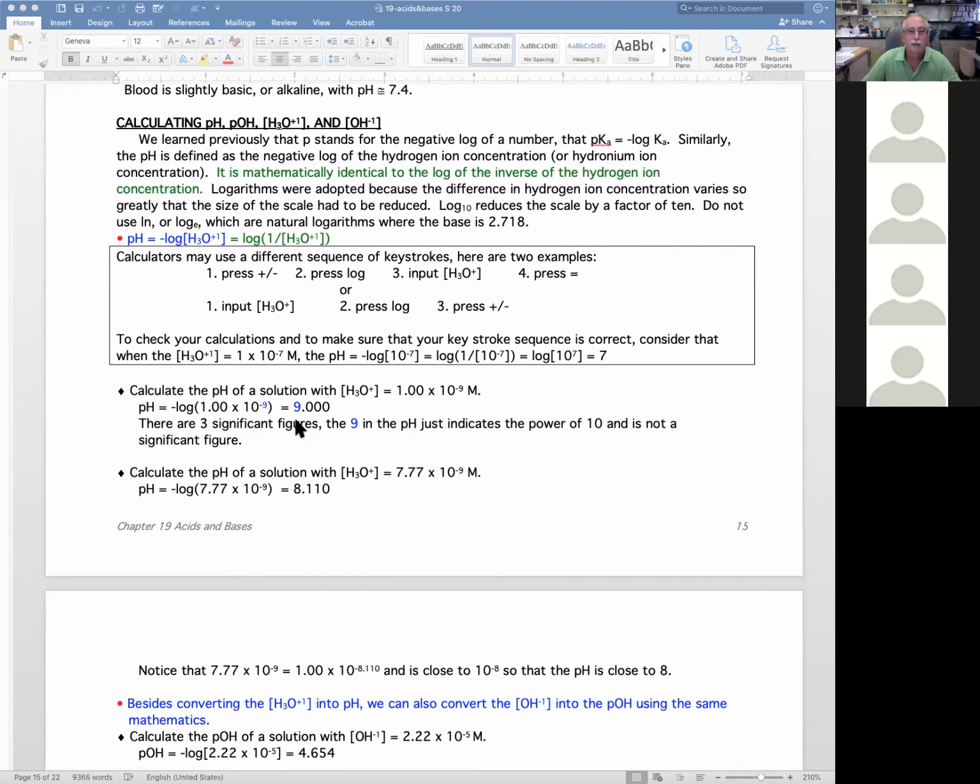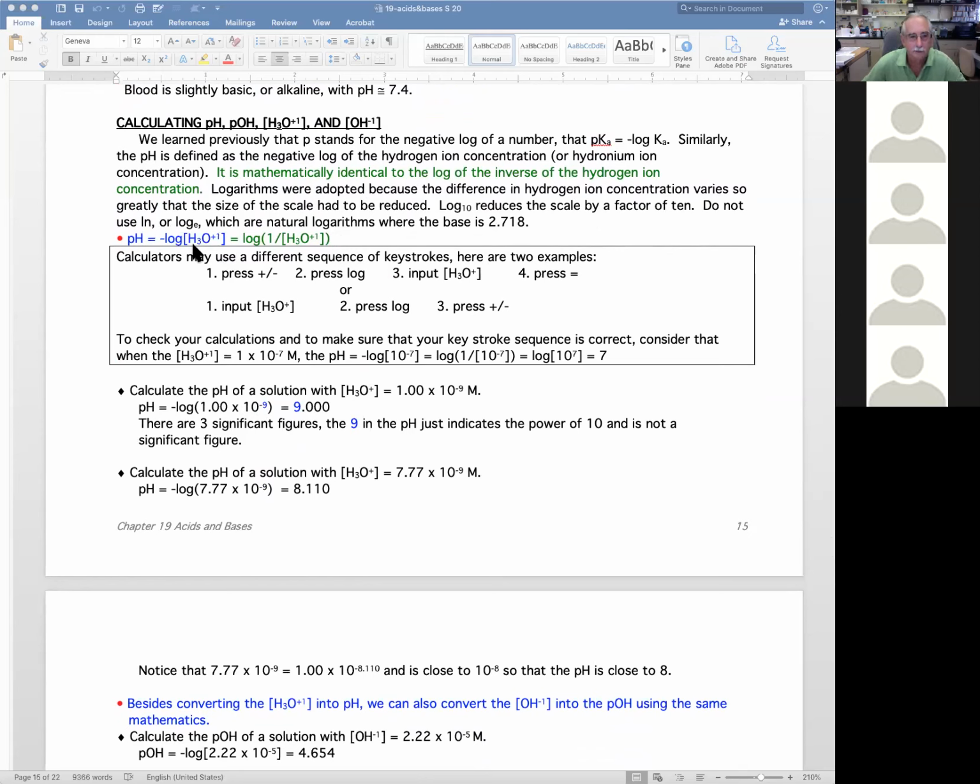So now we're going to expand our use of the negative log concept. And we already learned how to get the pKa from the Ka. We simply take the negative log, right? So now we're going to do the same thing with the hydronium ion. The negative log of the hydronium ion is the pH.